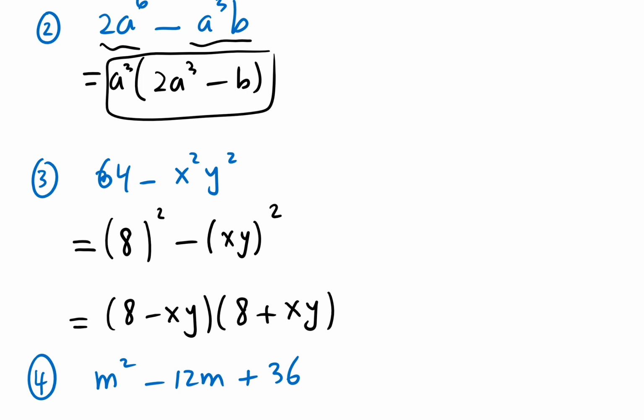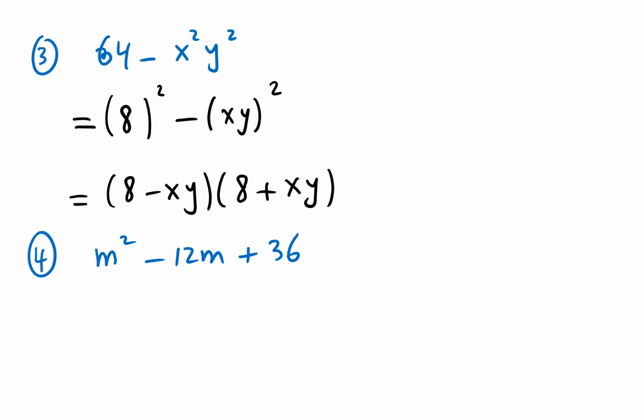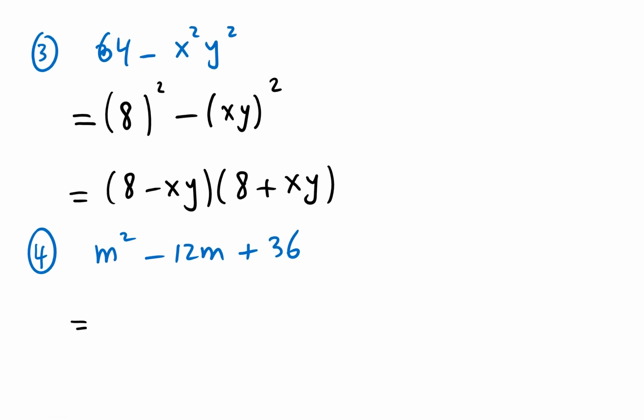How about this example? This is called a trinomial, where we have to open parentheses. 36, notice there's a minus and plus. Always minus plus, both should be minus. 36 is either 36 by 1, or 18 by 2, or 9 by 4, or 6 and 6.